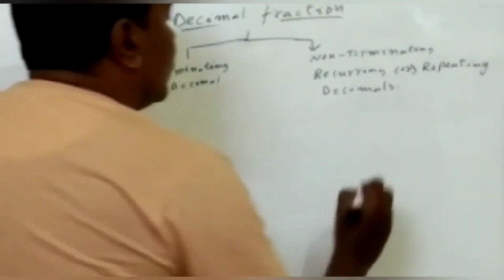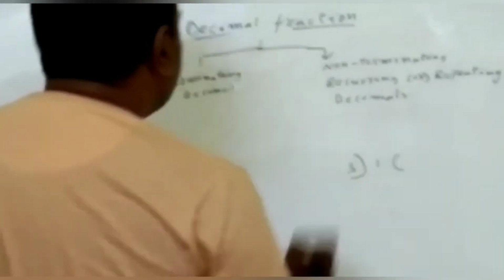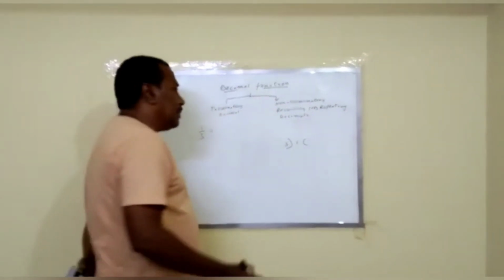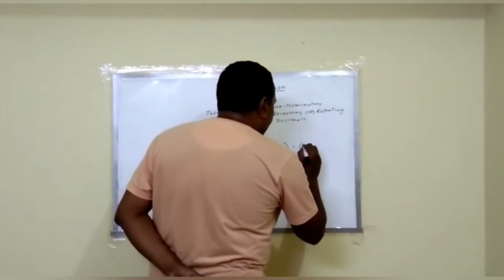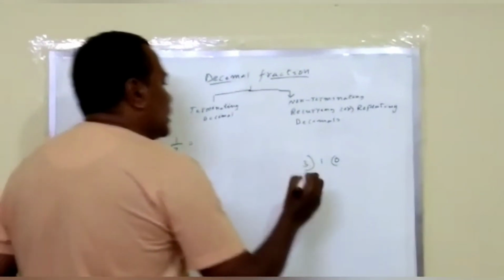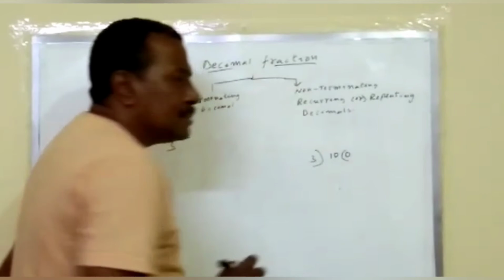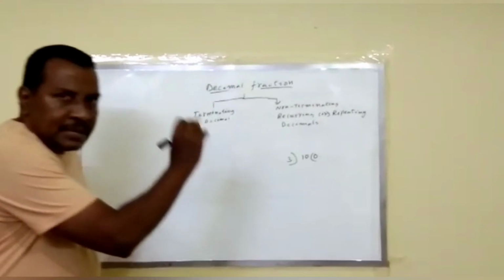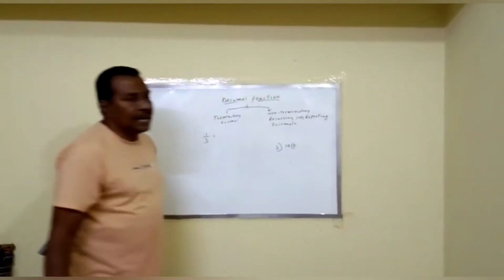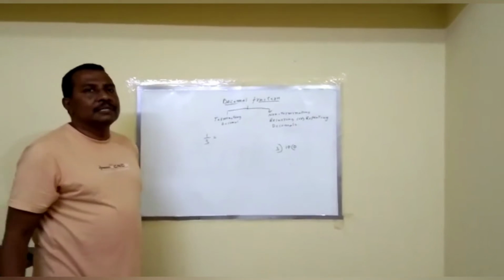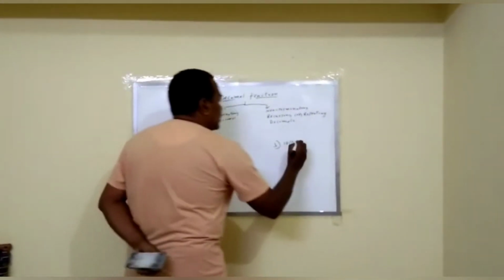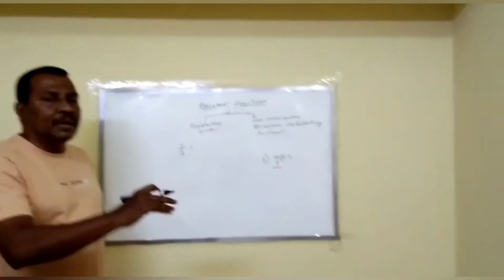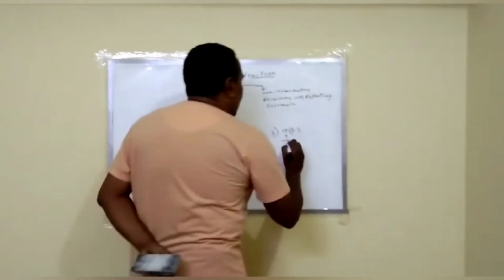What do you mean by 1/3? 1 is divided by 3. 1 is the dividend, 3 is the divisor. 1 is not exactly divisible by 3, so keep a 0 and a decimal point. 1 becomes 10, because after keeping the decimal you can keep a 0 beside the number. 10 divided by 3: 3 threes are 9, because 9 is the nearest multiple less than 10, and the remainder is 1.